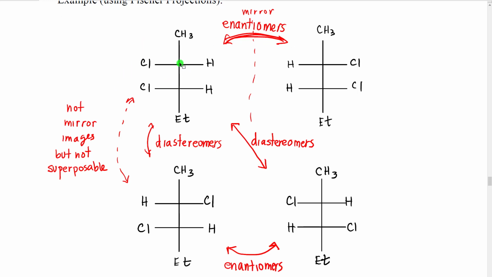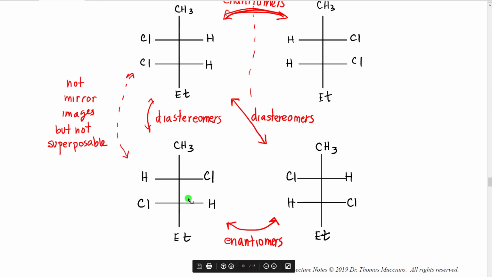Now let's look at what happens when we exchange the groups on the top atom, however, we leave the groups on the lower chirality center the same. In that case, this molecule is no longer a perfect mirror image of the molecule that we started with.